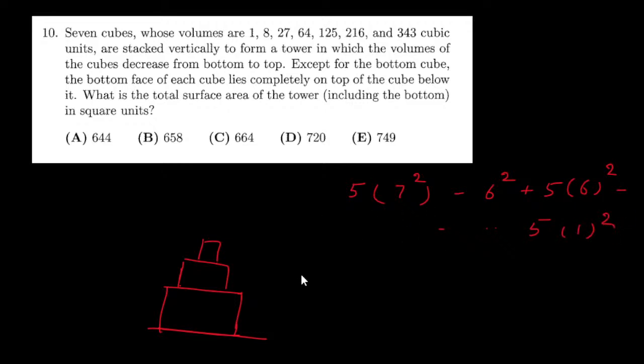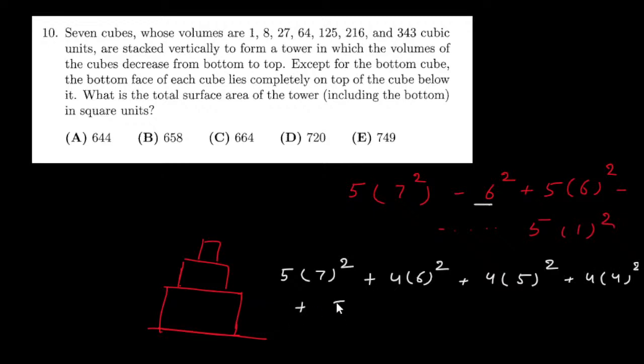Now if you see, this calculation will be something like 5 times 7 square, then minus 6 square and 5 times 6 square, so this is 4 times 6 square. Then again it will be 4 times 5 square, then again 4 times 4 square plus 4 times 3 square plus 4 times 2 square plus here we have 5 times 1 square.